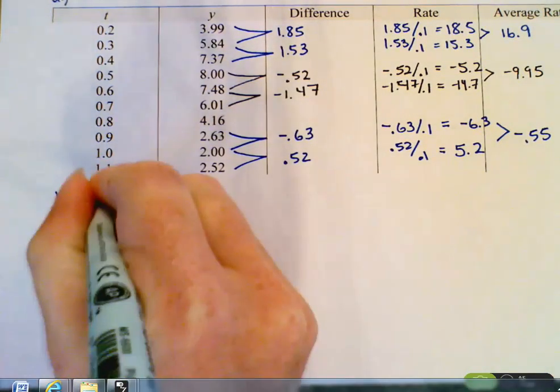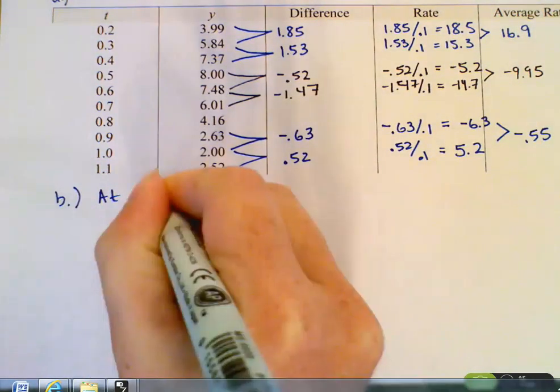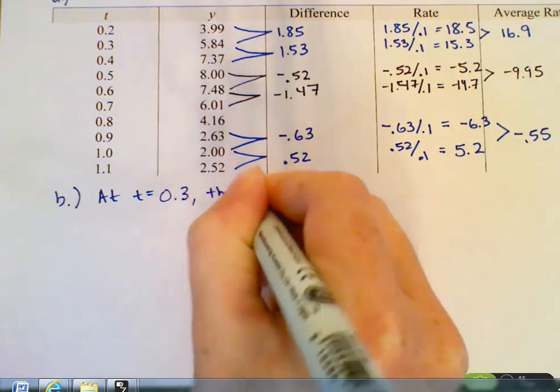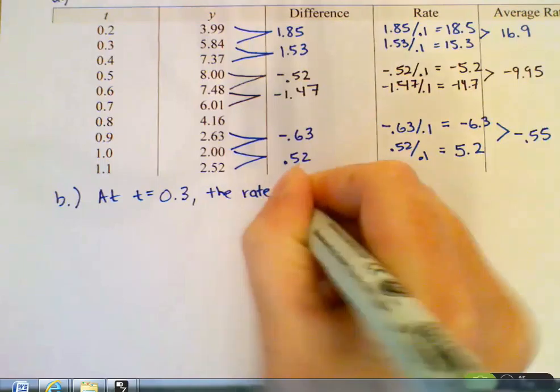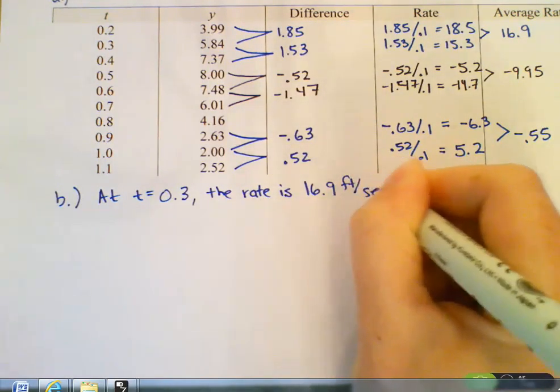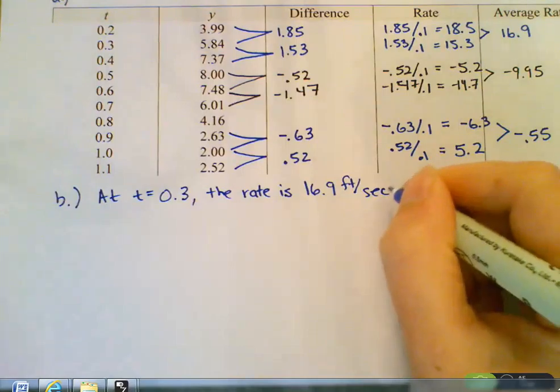So I'm going to say at t equals 0.3, the rate is 16.9 feet per second. This is a positive number, okay?